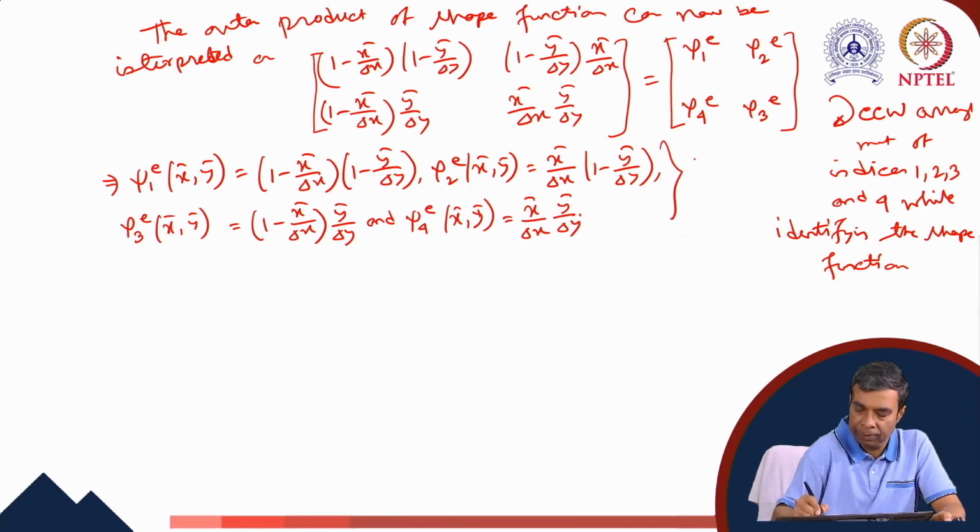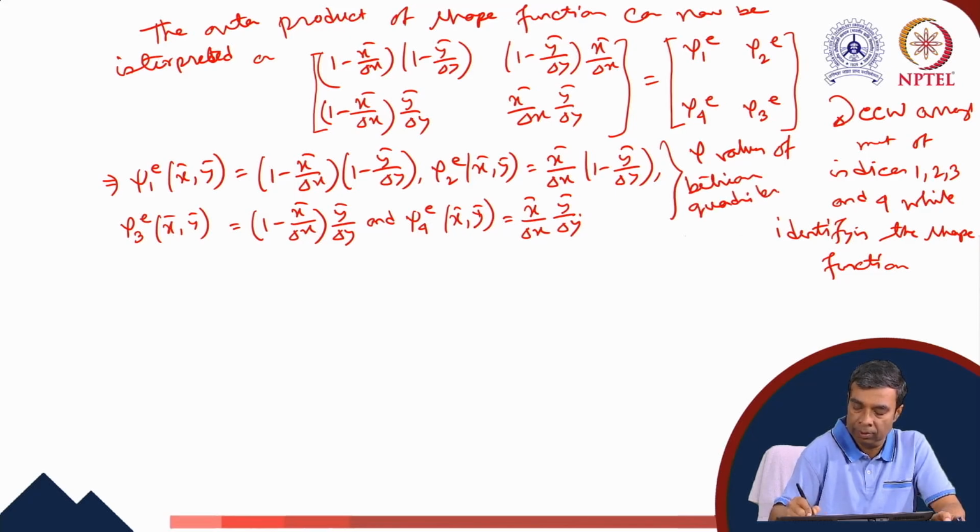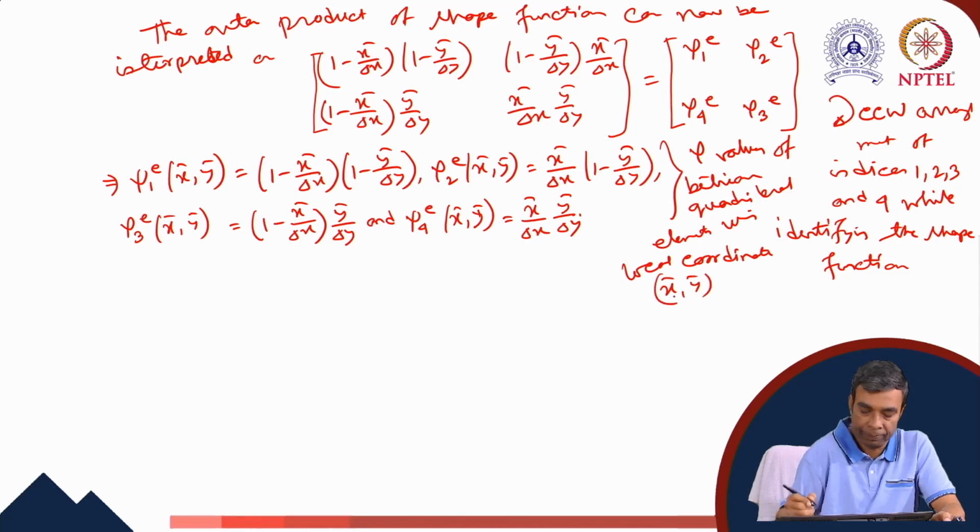So this is for psi values of bilinear quadrilateral elements using local coordinates x bar, y bar.